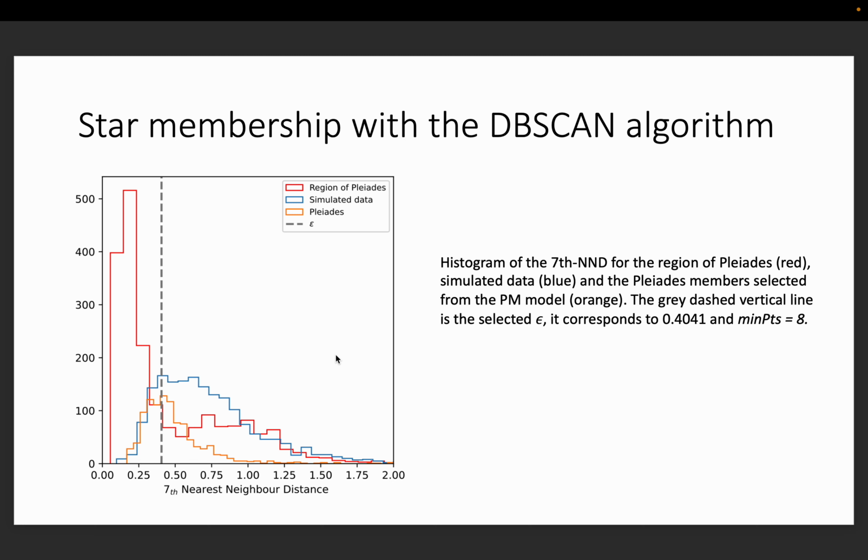The orange is the Pleiades from the proper motion model. We see that all of these share a similar peak of the distribution, so that's why we use the average and not the minimum as in the case of Castro-Ginard.